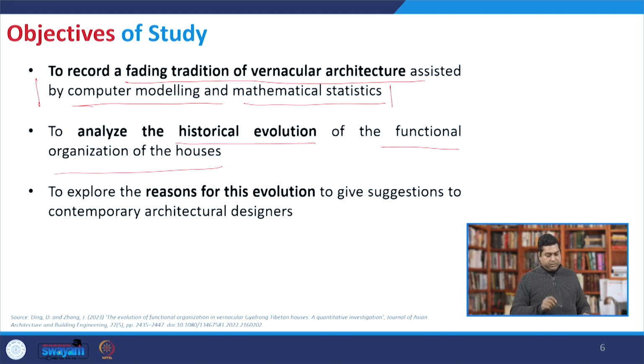The third objective was to explore the reasons for this evolution, to give suggestions to contemporary architectural designers, so that if possible they can retain some of the important aspects of the old heritage or vernacular aspects of these Tibetan dwelling units.